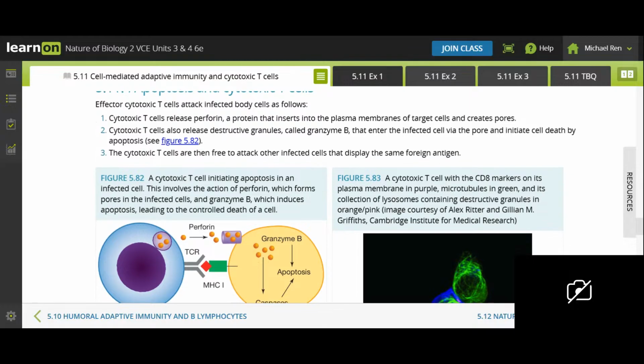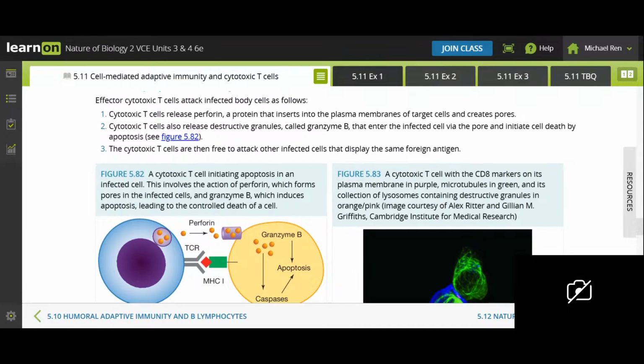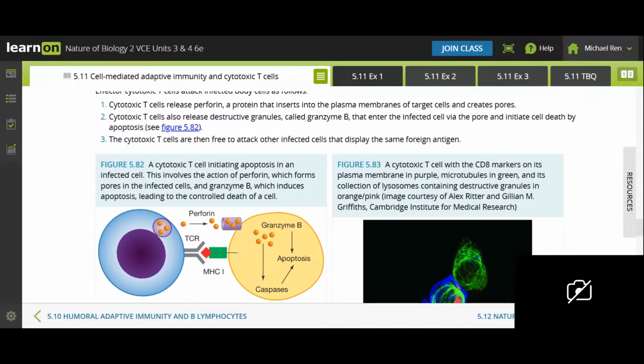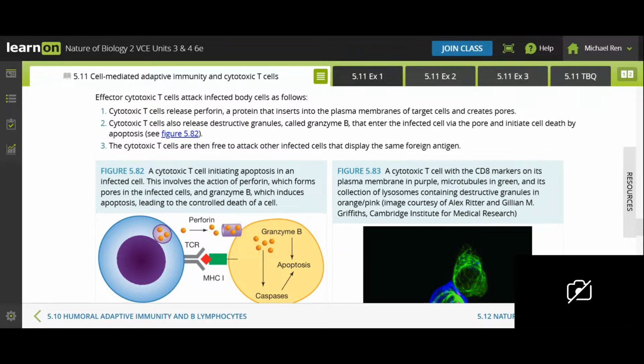It's very similar to natural killer cells. They bind to the abnormal MHC1 marker on the infected cells or tumor cells, and they release perforin through degranulation, and then they release granzymes which enter the cell and initiate apoptosis.